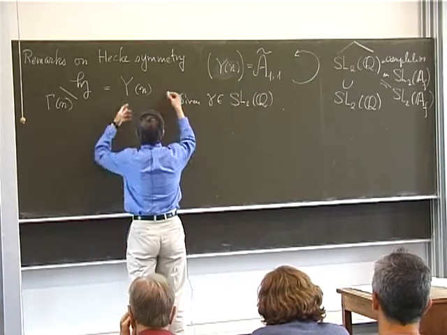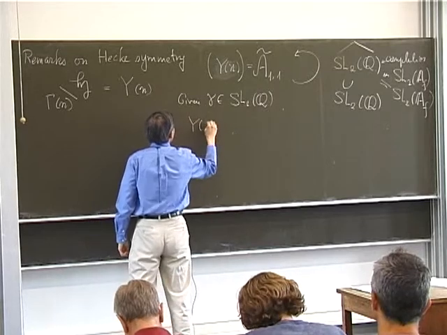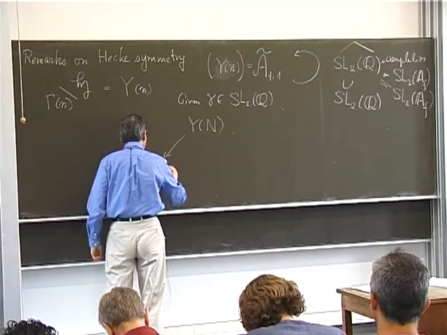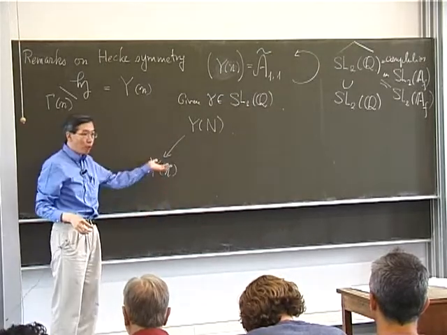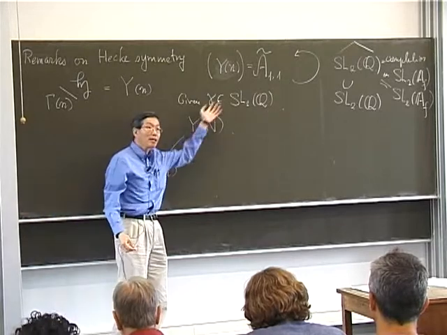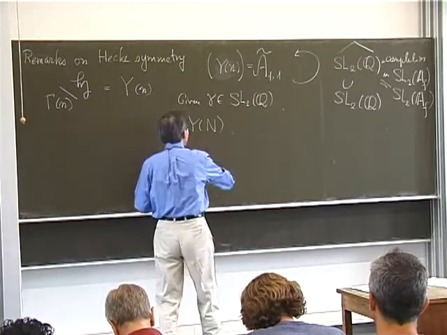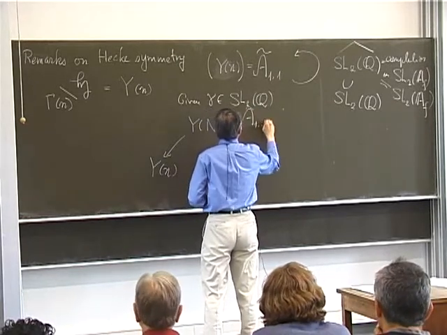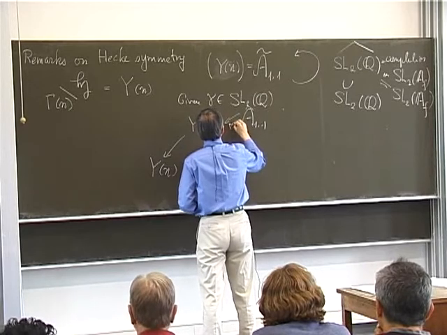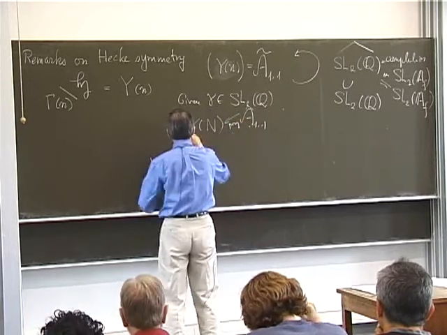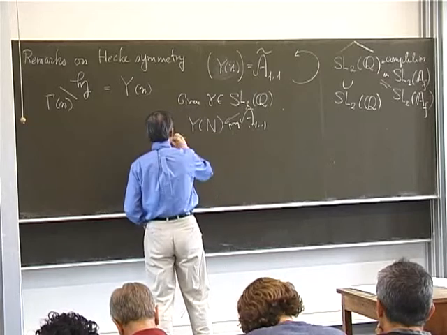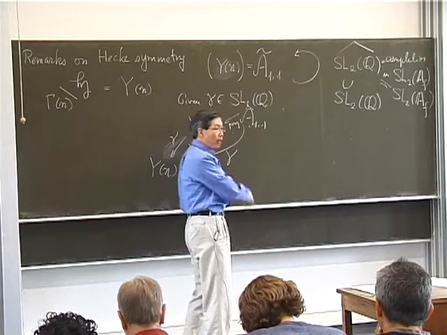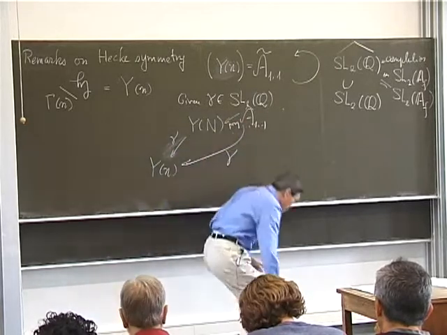So it suffices to show that if I have a high enough n, then I can get a map from Y(N) to Y(n). And then doing it in a compatible way, that will give me a map from this projective system A11. So this is the projection, and then this is not the projection map. This is a map induced by gamma. And so by composition, I get a map given by gamma. And we do it for every gamma, so we get an action.